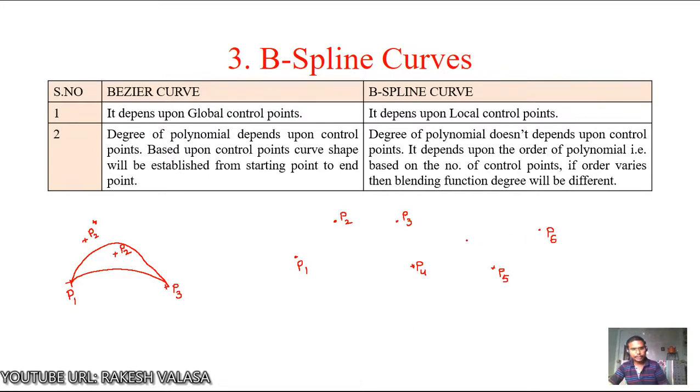Based upon these control points, I am drawing the curve, P1 to P6. This is the convex hull.